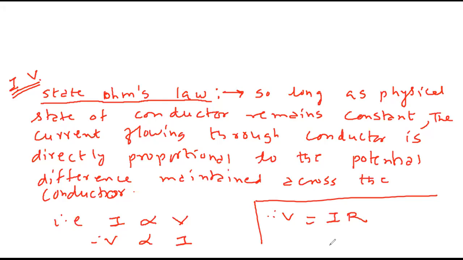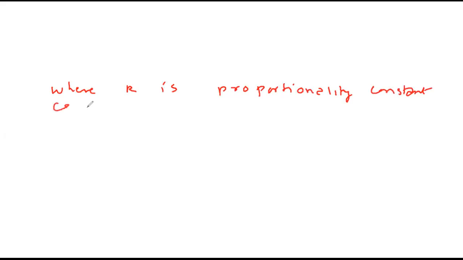Until V equals IR, where R is a constant, the proportionality constant, called the resistance.